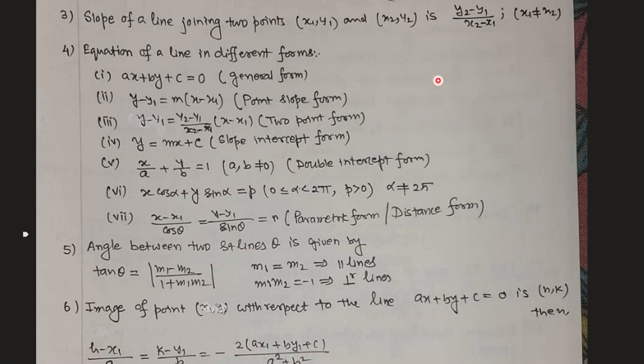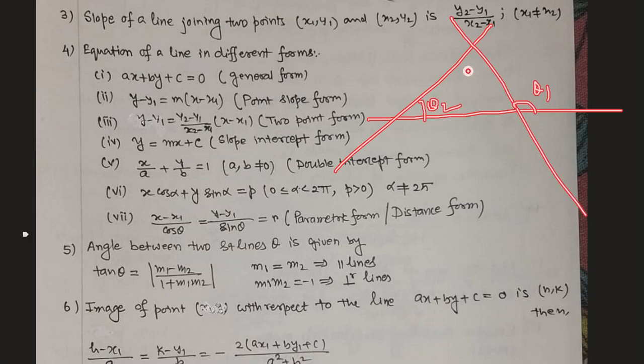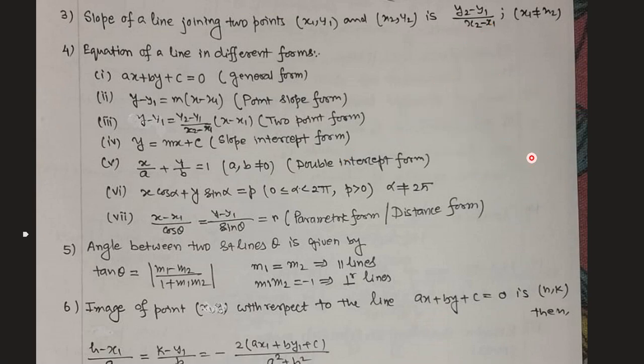Again this is our x-axis, this angle is theta 1, this angle theta 2, and the angle between the two lines is theta, so theta will be equal to theta 1 minus theta 2, because the exterior angle is equal to the sum of the opposite interior angles. You know this property from the class 8 book or from elementary geometry.